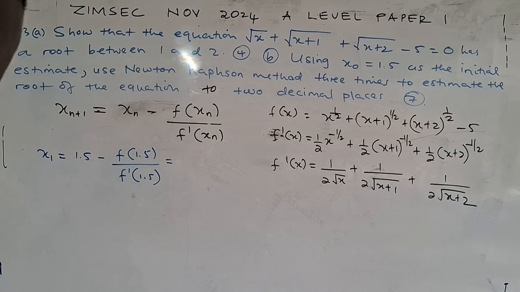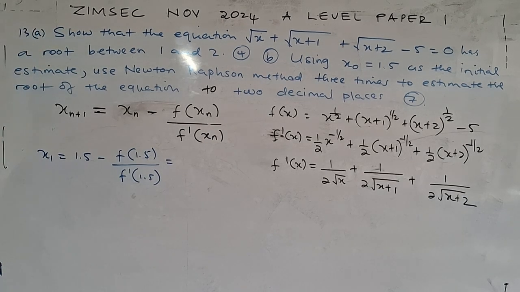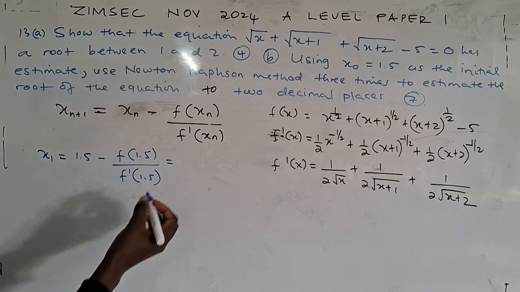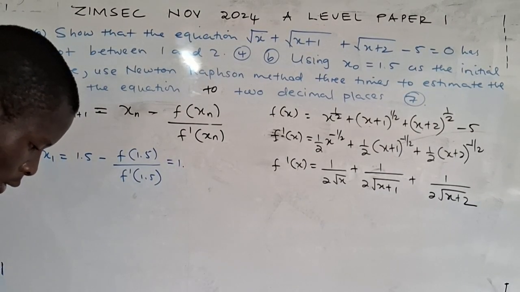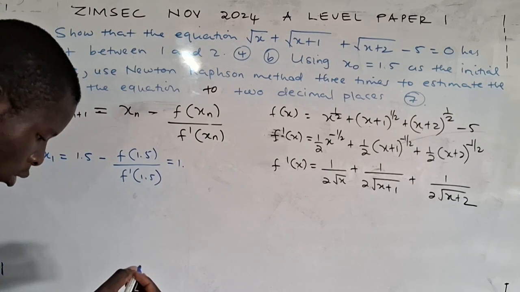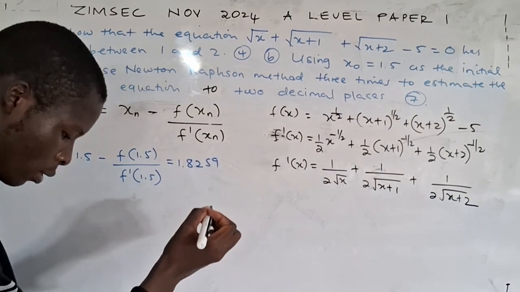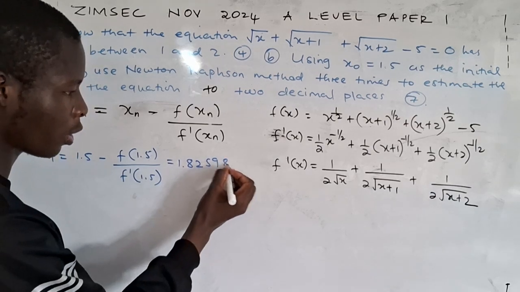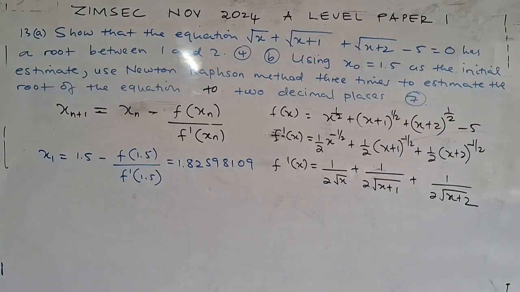What is the answer for this? If we solve this, we are going to find out the answer is x1 is equal to 1.825981009. Okay, we move on to the next step.